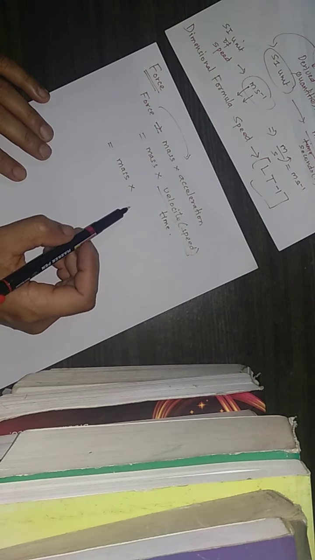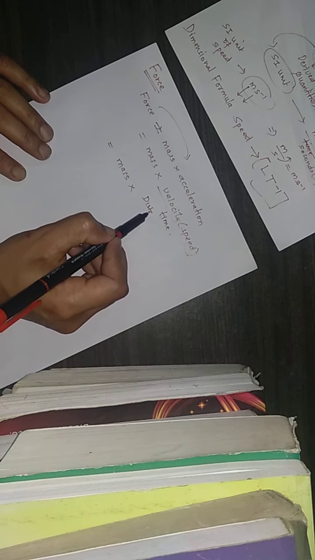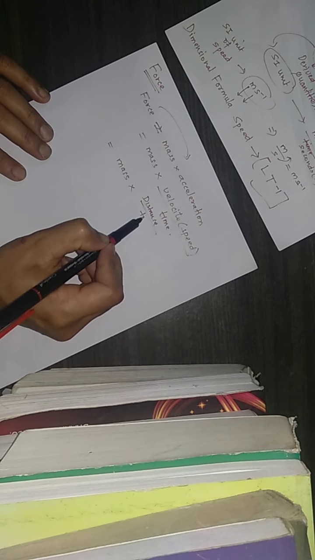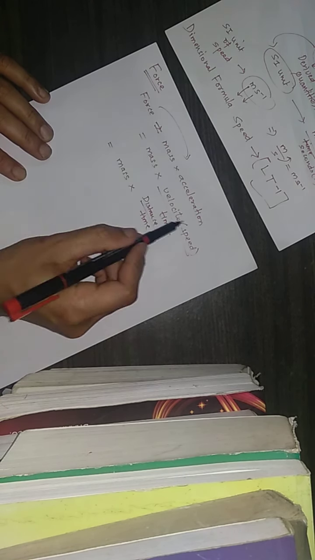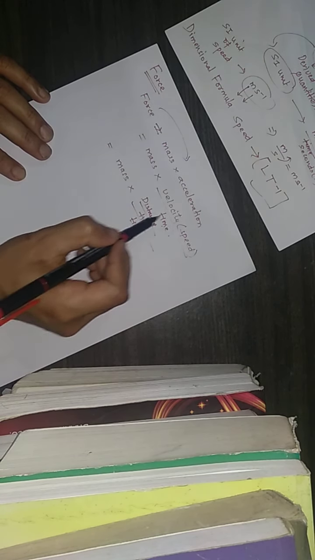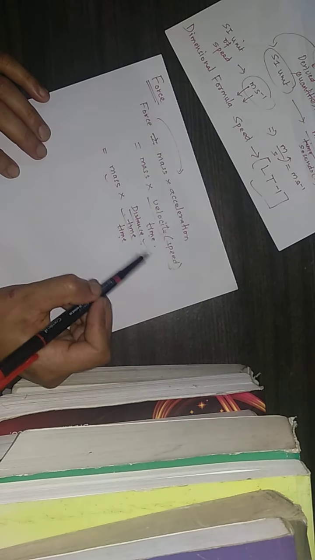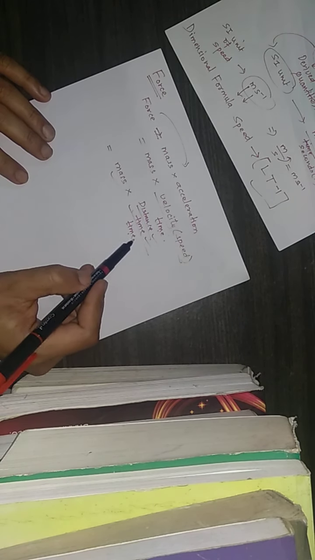Velocity is not a basic quantity. Velocity, or speed, is distance by time, and one more time in the denominator from acceleration. Now see, mass is a basic quantity, distance is measured in terms of length, so length is a basic quantity, time is a basic quantity. So you have to break force into all basic quantities.